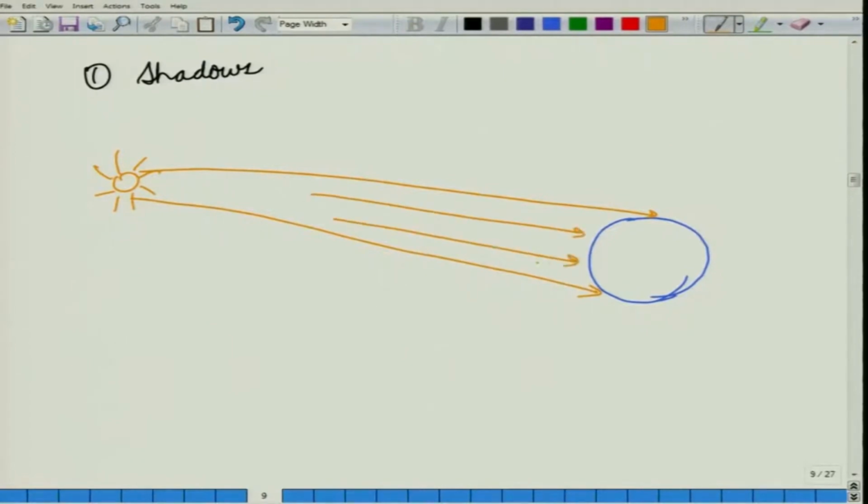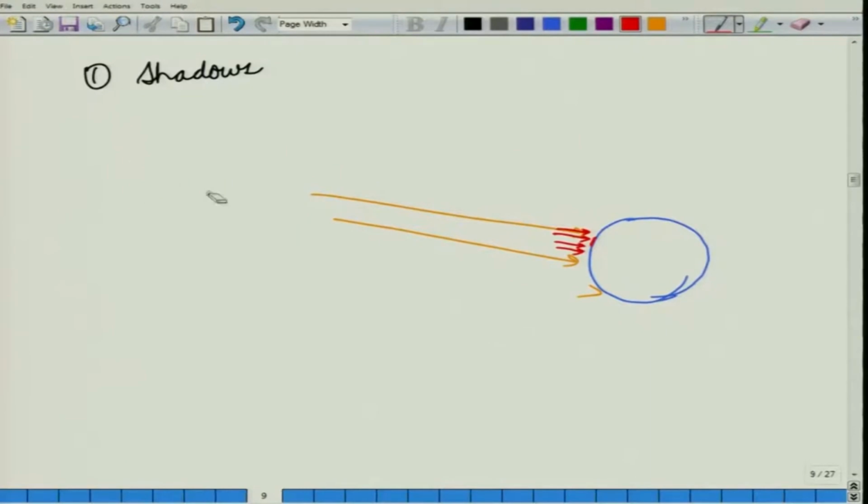So, these are parallel rays of light, and especially if we consider a small portion on the surface of the earth, then we can take this approximation very easily that all the rays of light are parallel when they are reaching this point. This is because the sun is at a very great distance from the earth.